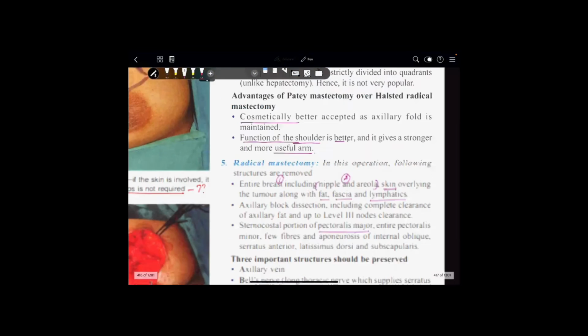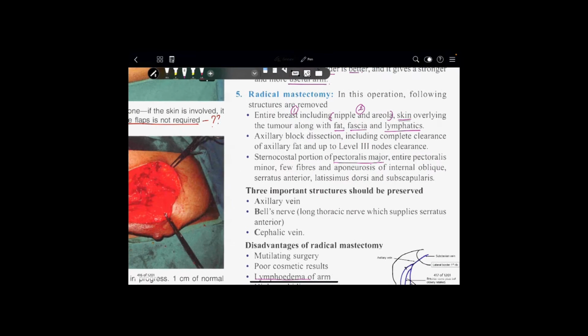Okay. So what is radical mastectomy? What are the structures which are removed in this? So I just said everything from the breast to the surrounding tissues is removed. So you remove the breast and also the nipple and areola. Why I have mentioned this is sometimes there is something called nipple and areola sparing mastectomy.